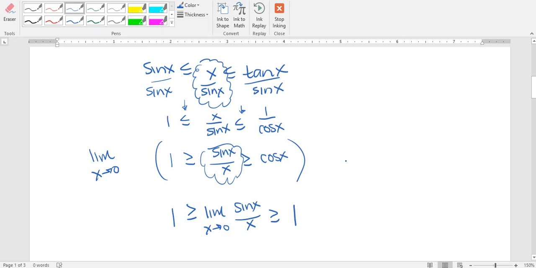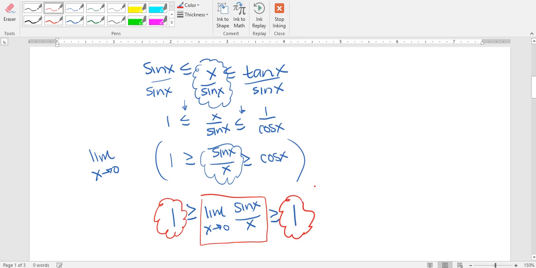So what we have forming here is something called the squeeze theorem. My students always like the name of that for some reason, the squeeze theorem, because based on this inequality statement, if this is the limit that we're trying to prove, notice how the greatest value it could possibly be is 1, but the smallest value it could possibly be is 1.